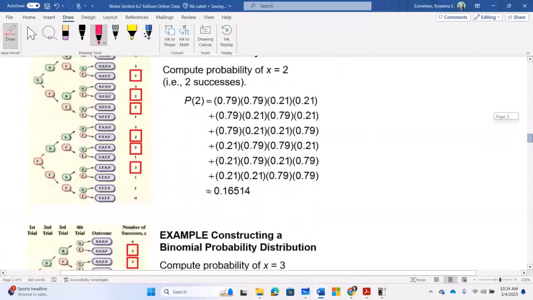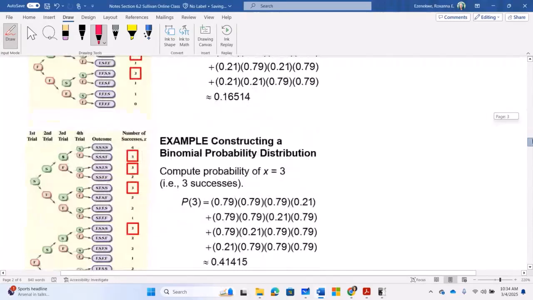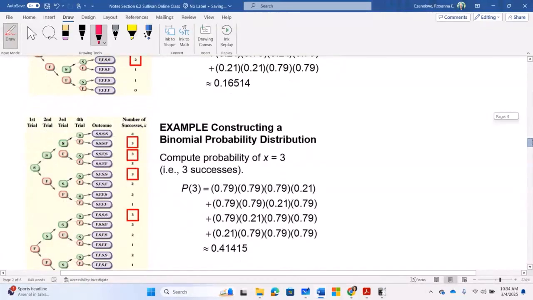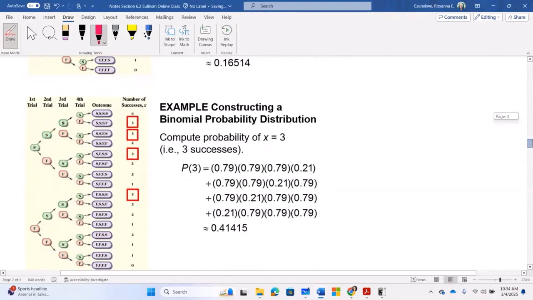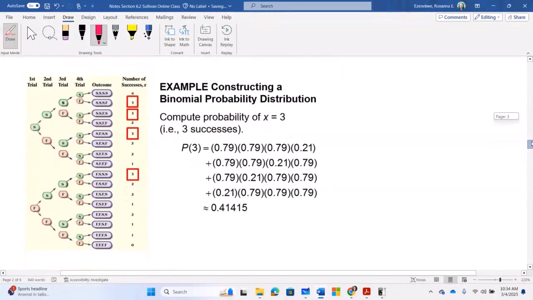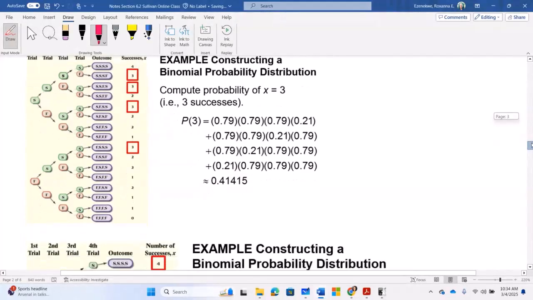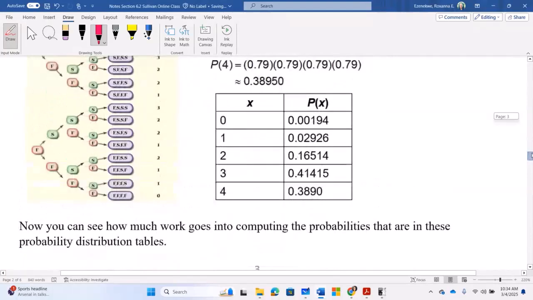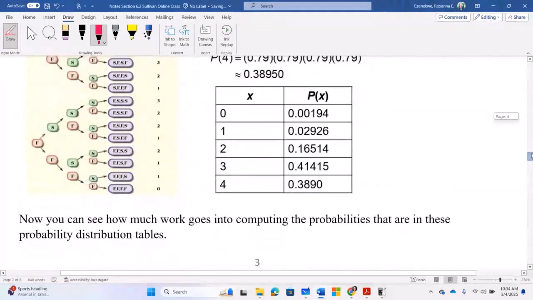I'm going to look for this one, compute the probability of X equal to 3. So X, which means the number of times it was done, is 3 times. Okay, so let's keep on going. And we have a distribution.